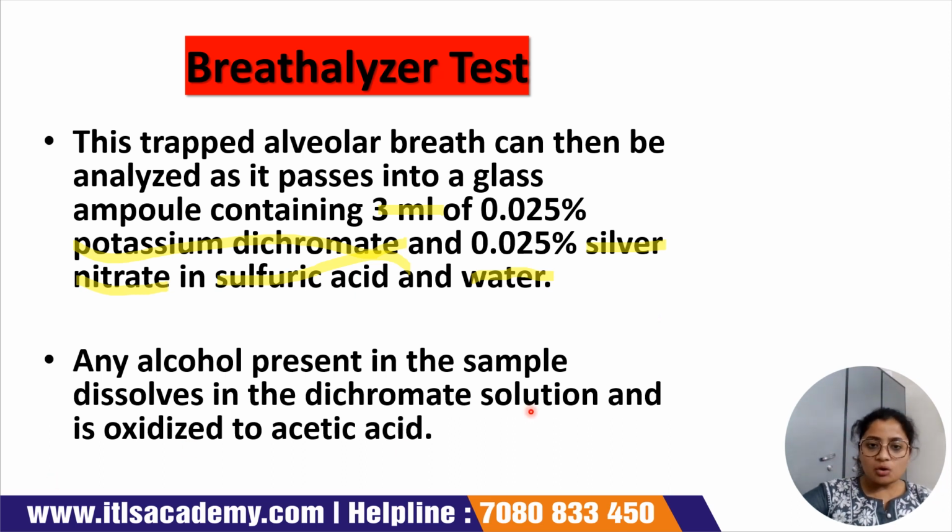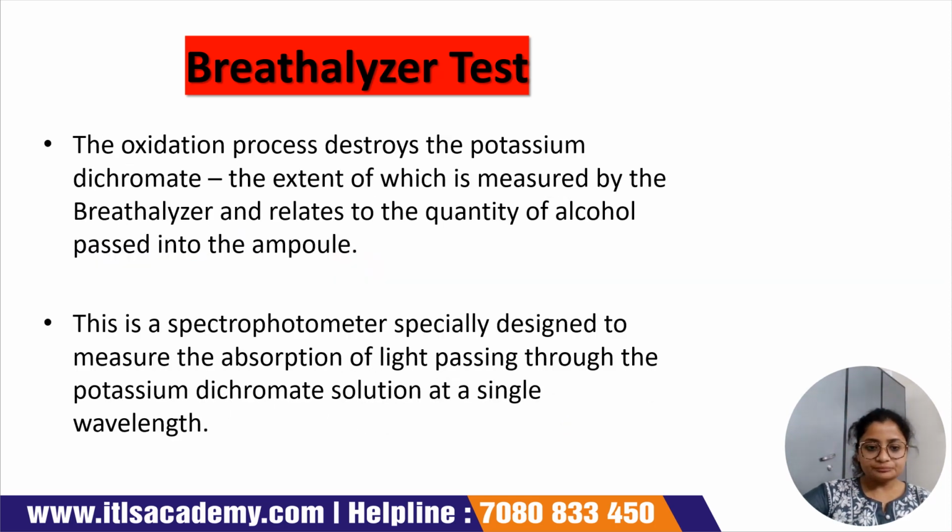Any alcohol present in the sample, if at all, because it doesn't necessarily mean that if the person is suspected, that person has consumed alcohol. It can be negative also. If any alcohol is present in the alveolar breath sample, it will dissolve in the dichromate solution and be oxidized to acetic acid. That is the chemical reaction that will occur, and I will show you the reaction so that it gets clearer.